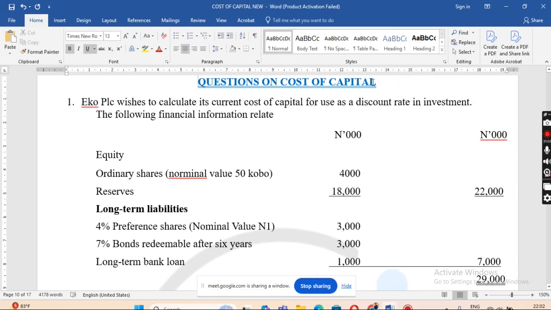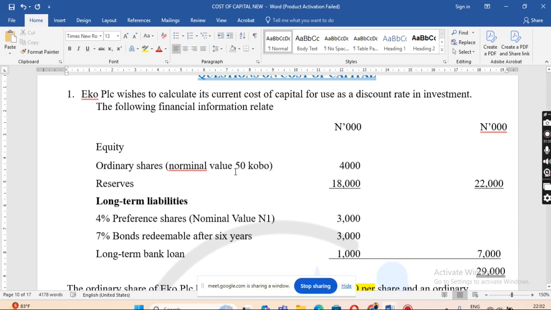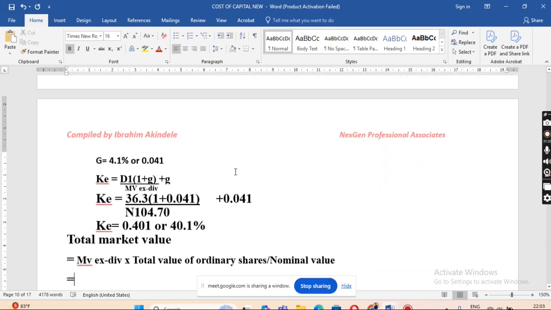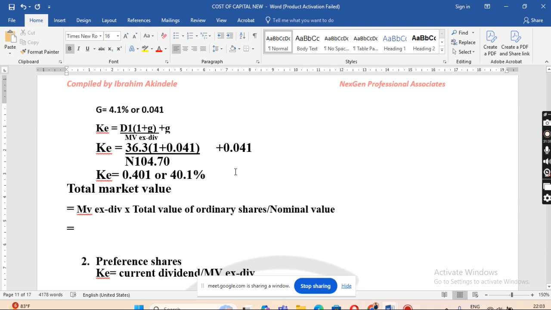The total value here is 4 million. Now, what is the nominal value? It is 50 kobo. When you divide this by this, you have your number of shares. Then you multiply it with the market price per share to give you the total market value. Class, are we together? 4 million and 50 kobo.